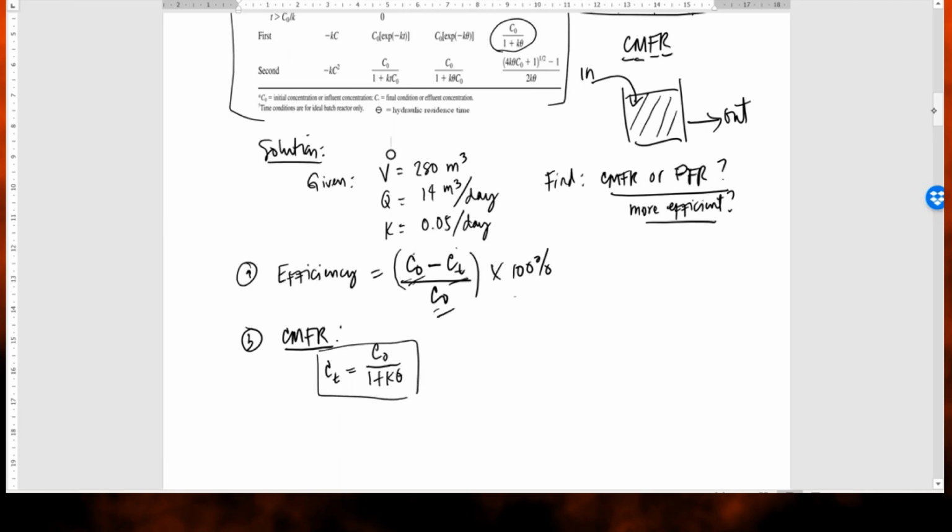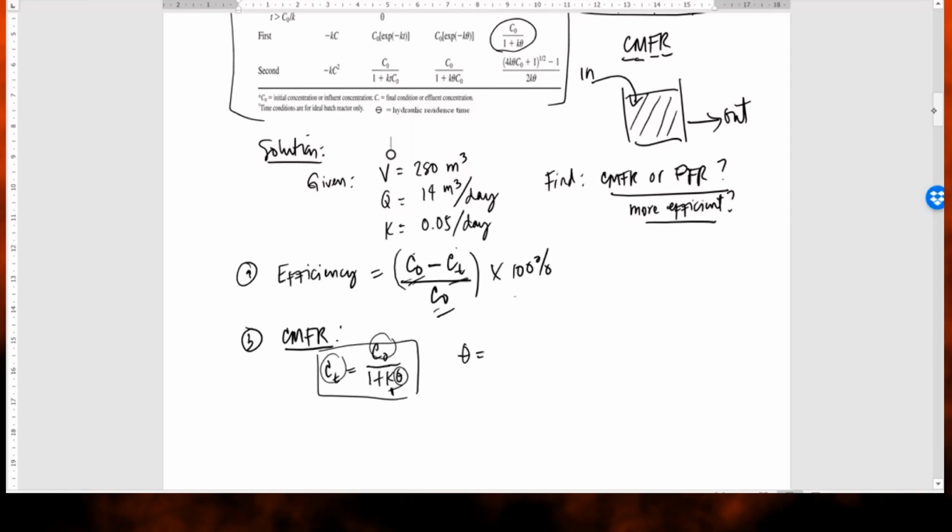All right, so we are going to get this C naught and C sub T, but we don't know exactly what theta is. K is known, we already know what K is. So theta is basically the hydraulic residence time. How do we get theta?